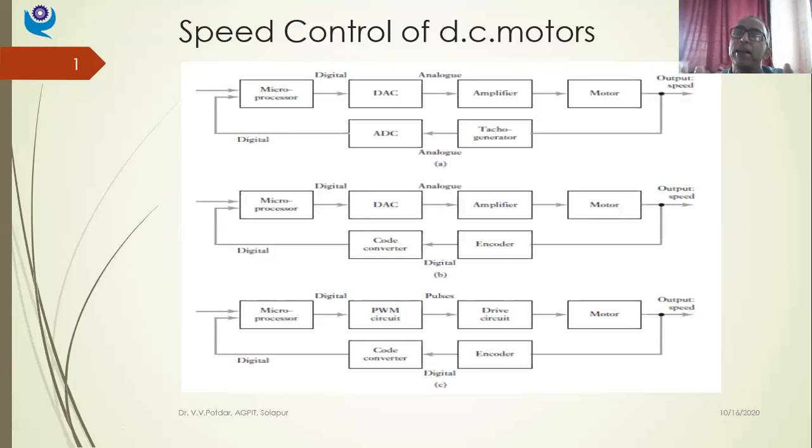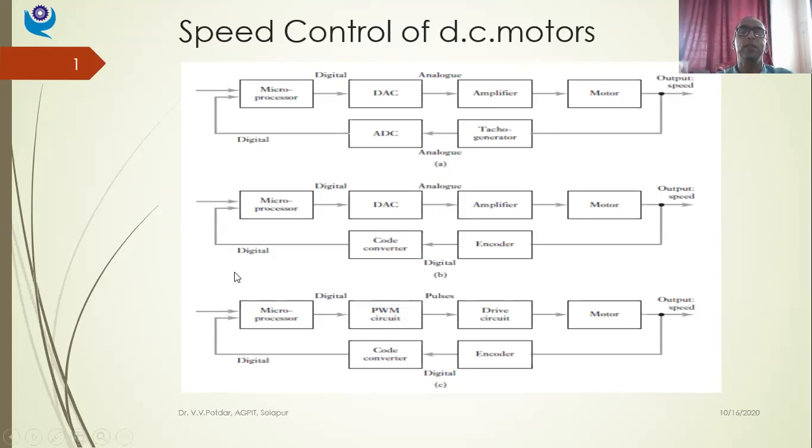So in effect, it will be changing the voltage only, either by amplitude modulation, changing the amplitude of the pulse, or by changing the width of the pulse. This is what we studied earlier. So here it changes the width of the pulse and varies the voltage. Accordingly, the speed of the motor will be altered, till the actual speed becomes equal to my desired speed.